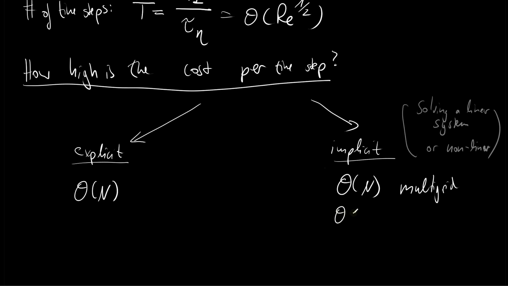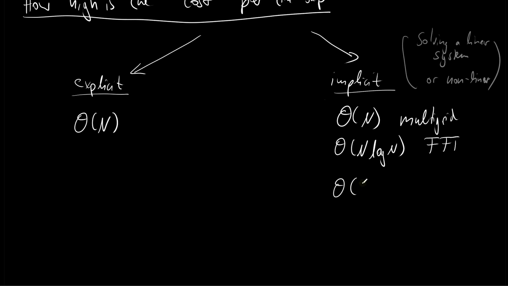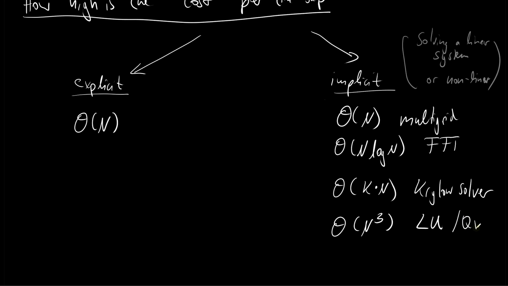We can have a complexity of n log n for fast Fourier transform based spectral methods. And we have complexity of k times n when we use Krylov solvers, for instance conjugate gradient, GMRES, and we get a complexity of n cubed if we use LU or QR decomposition.